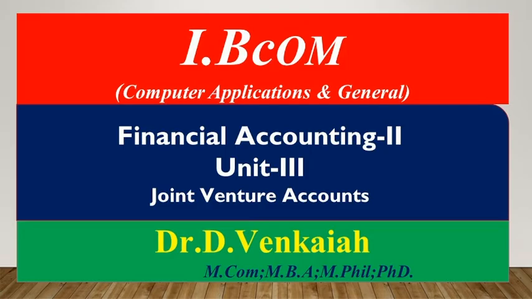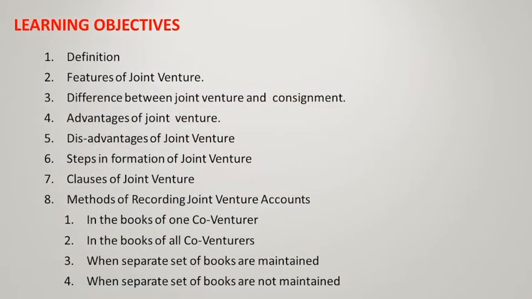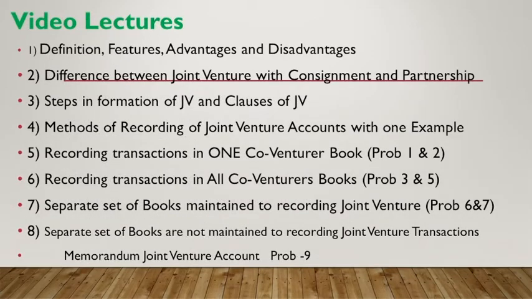Look at our earlier videos which we studied. The first video is definition, features, advantages and disadvantages. The second video is the difference between joint venture and partnership, joint venture and consignment. The third video is steps in formation of joint venture, clauses of joint venture. The fourth video, recording of joint venture transactions and journal entries.